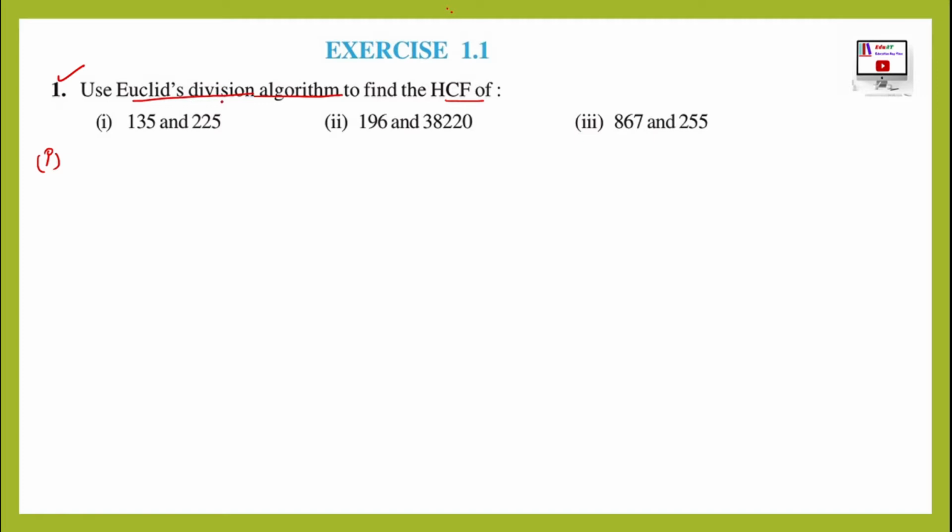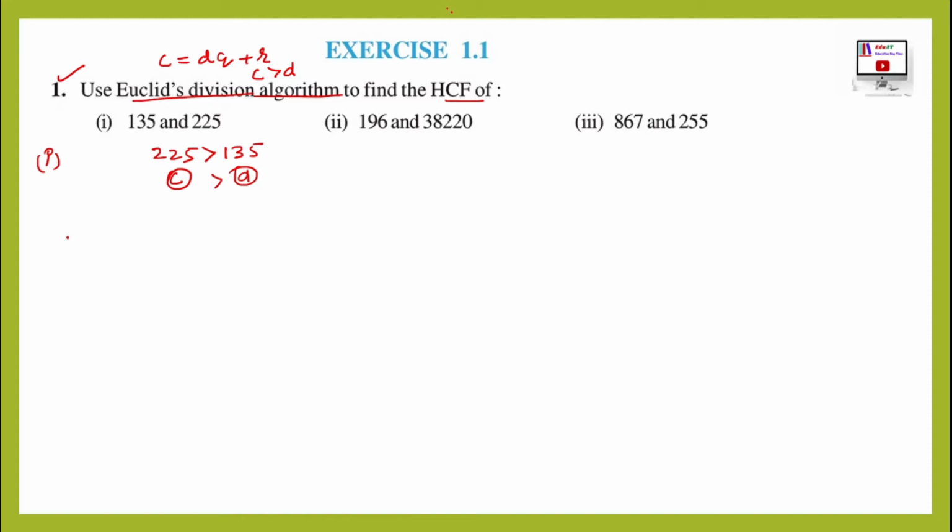Use Euclid's division algorithm. So Euclid's division algorithm, step 1 is C is equal to D Q plus R. Now the numbers are C and D, and C is greater than D. So यहाँ पर as 225 is greater than 135, so C will be this 225 and D will be 135.